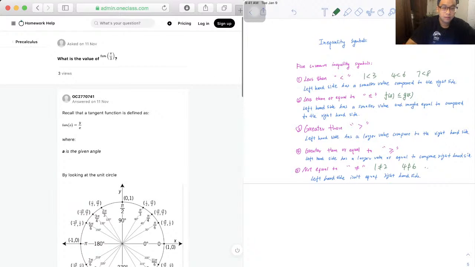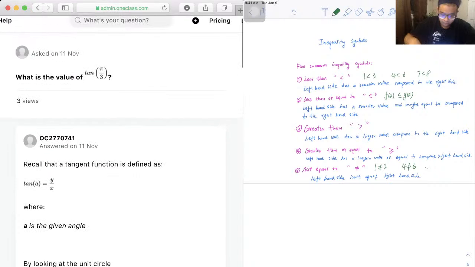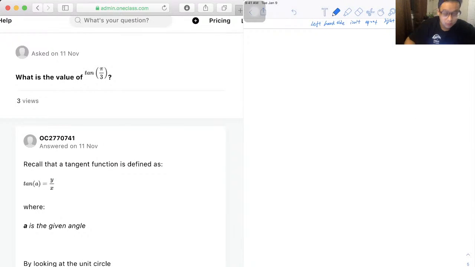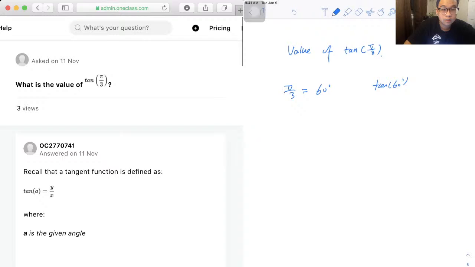Okay, so our next question is asking us the value of tangent pi over 3. Okay, so we know pi over 3 can also be written as 60 degrees, so we're actually solving tangent 60 degrees.